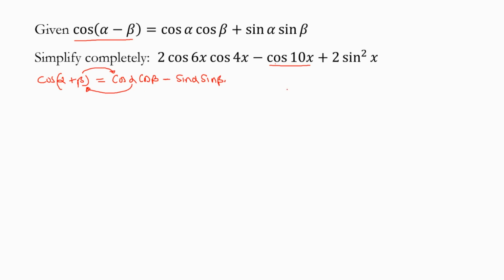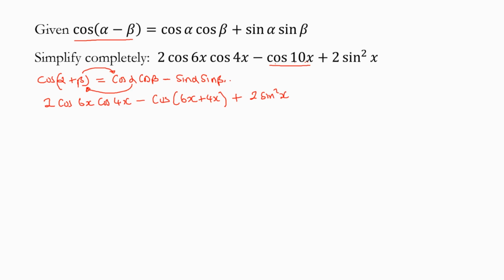So now we can break this 10x into 6x plus 4x. It becomes 2 cos 6x cos 4x minus, then we break this into 6x plus 4x, so it becomes minus cos(6x plus 4x), then plus 2 sine squared x.